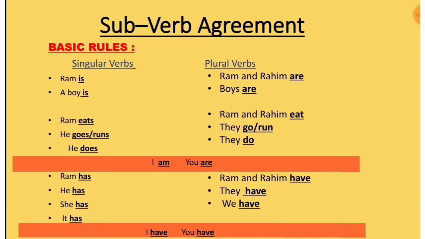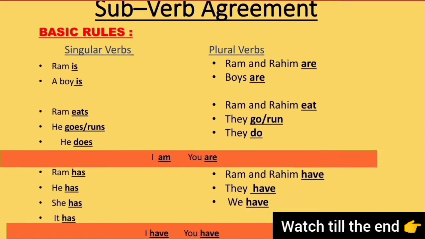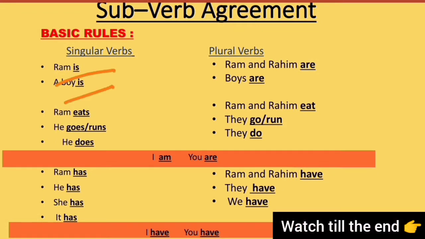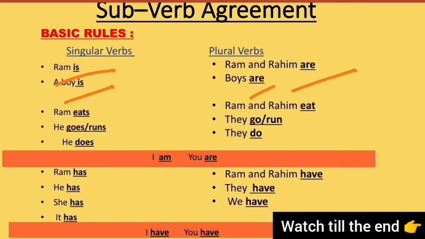Subject verb agreement. Here we will learn about the uses of various forms of verbs. We have already known that singular person or things, that is singular noun, take is, and plural noun take are.